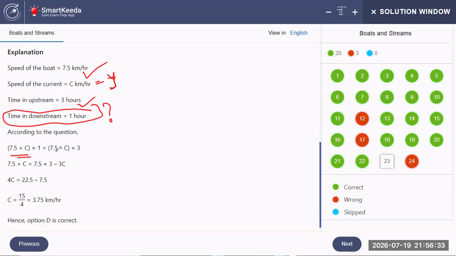It's equal to 3 times. ये डिस्टेंस, ये क्या है? स्पीड ऑफ द बोट प्लस स्पीड ऑफ द करंट, मल्टीप्लाई बाय 1 आवर. स्पीड मल्टीप्लाई बाय टाइम इज इक्वल टू डिस्टेंस. ओके, तो ये डिस्टेंस निकाला है.